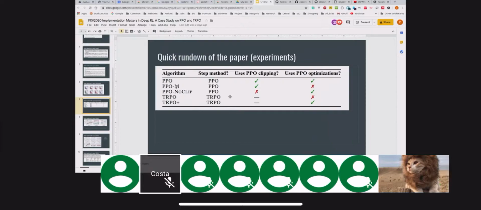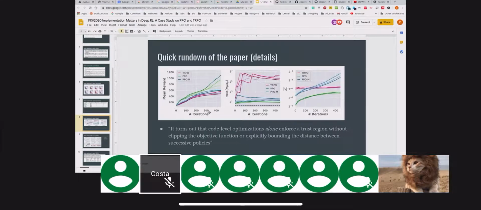And in my opinion, they actually have, I guess, a new algorithm in some sort of way, which is the TRPO-plus, where they added the PPO optimizations. And here are some performances. So let's take a look at the y-axis.